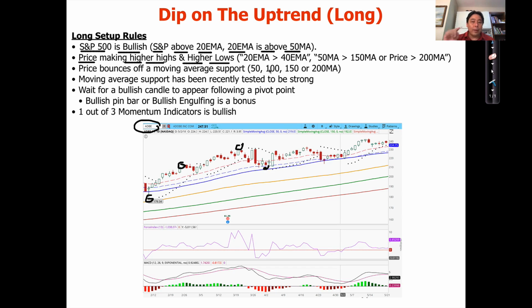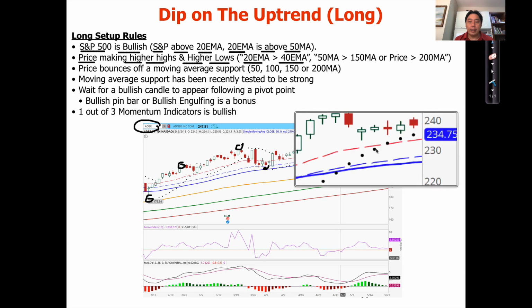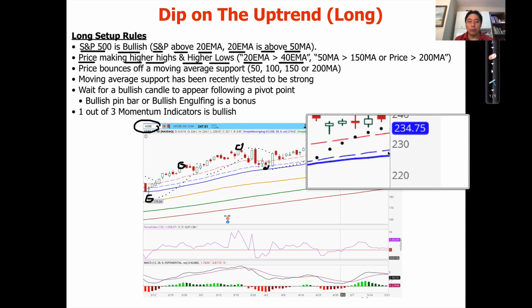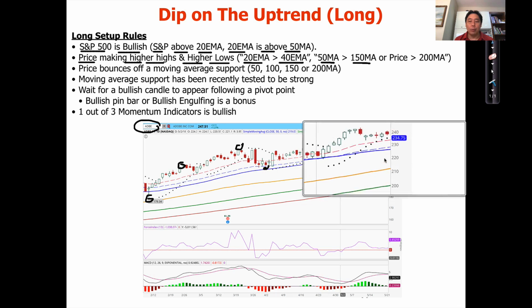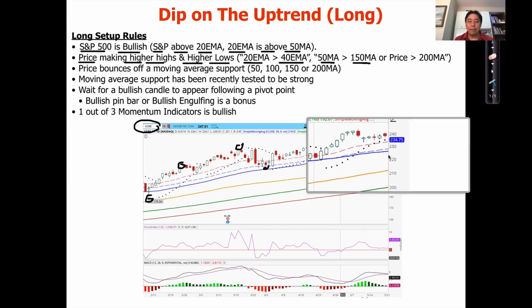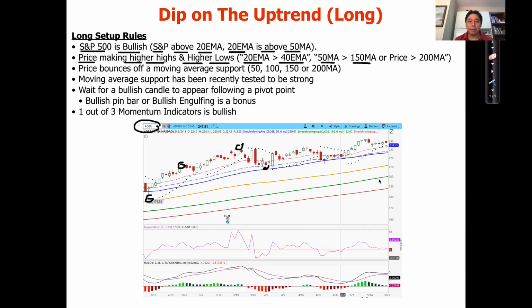Next, we want the moving averages to be in a very, very clear sequence. So the 20 EMA has to be above the 40 EMA, right? So this over here, the 20 red line above the 40 blue line. And we want the 50 moving average, simple moving average, to be above the 150 simple moving average, which is basically this thick blue line above the thick green line.